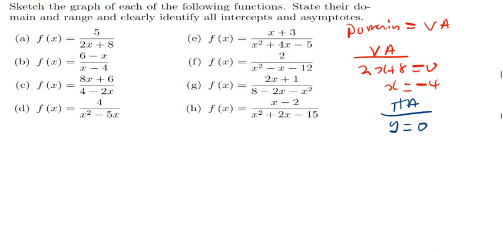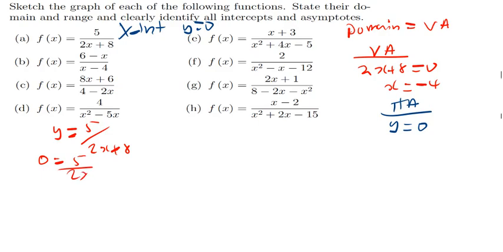Then you need to find the intercepts. To find the x-intercept, y should be equal to 0. Then solve for x. So y is equal to 5 divided by 2x plus 8. Where there is y, put 0. Now cross multiply. If you cross multiply here, you have 5 is equal to everything here times 0, which is 0. 5 can never be equal to 0.